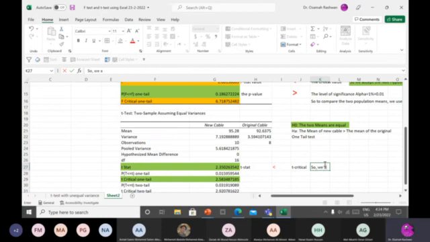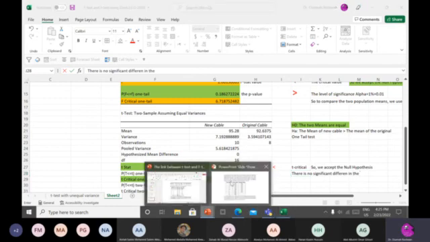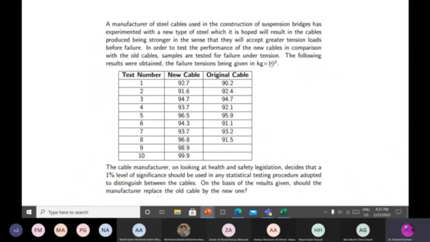We accept the null hypothesis. Null hypothesis, the two means are equal. Okay, it means in summary, there is no significant difference in the strength, I just took the word here, in the strength and the tension, right?